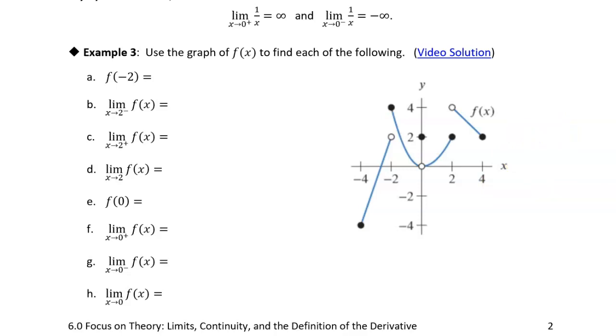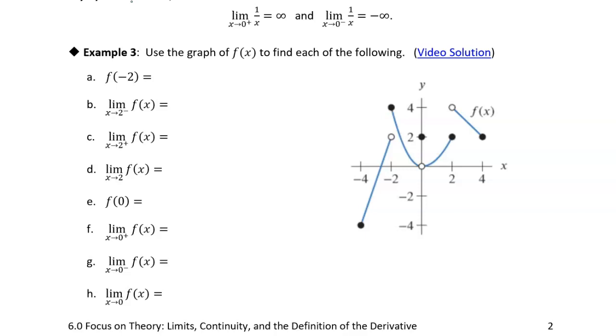All right. So the first thing we're asked to find is just f of -2. We have this piecewise function. The closed circle means that is the value of the function. The open circle means that that's not the value of the function, but we can get as close to it as we want.